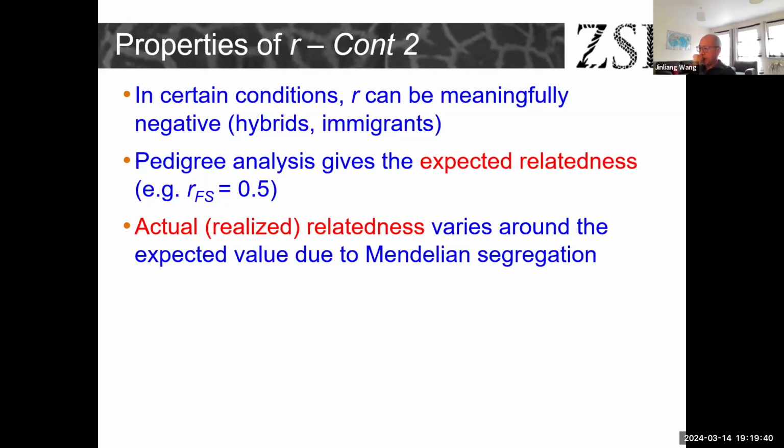But in reality, the realized or actual relatedness varies around this expected value due to Mendelian segregation. For full siblings, for example, different sibling pairs may have different realized relatedness in the genome. I will show you later on.